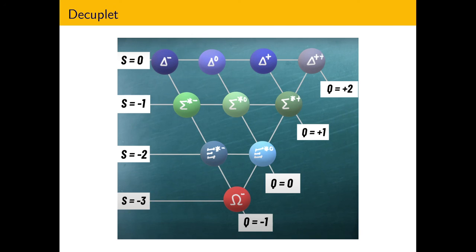But he generated this decuplet and said there is a particle which has strangeness minus 3 and charge of minus 1, and it is not discovered yet, it will be discovered. Like he said, it was discovered with the same properties. In the periodic table, we assume that some undiscovered elements will have some type of property from the arrangement, right? Like that, from this arrangement, we knew how this particle would be. Now the next slide.